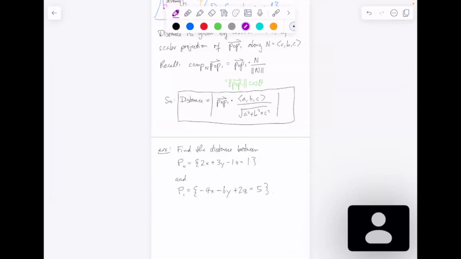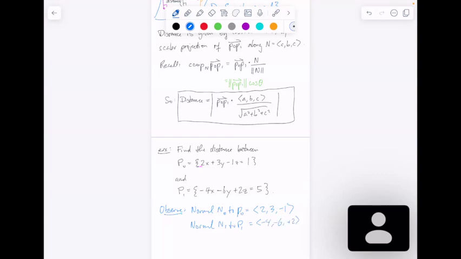Right, so first, the normal vector to P0 is (2, 3, minus 1). And then what's the vector here? There's (minus 4, minus 6, 2). All right, so observe that the normal N1 to P0 is equal to (2, 3, minus 1), and then the normal N2 to P1, oh shoot, I call these P0 and P1, is equal to (minus 4, minus 6, 2).